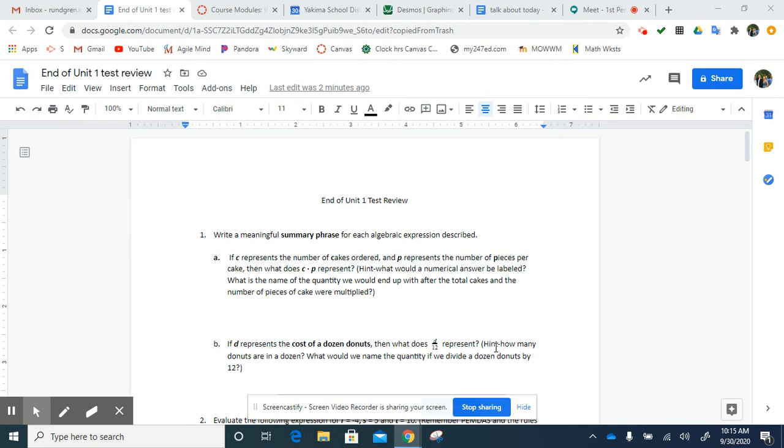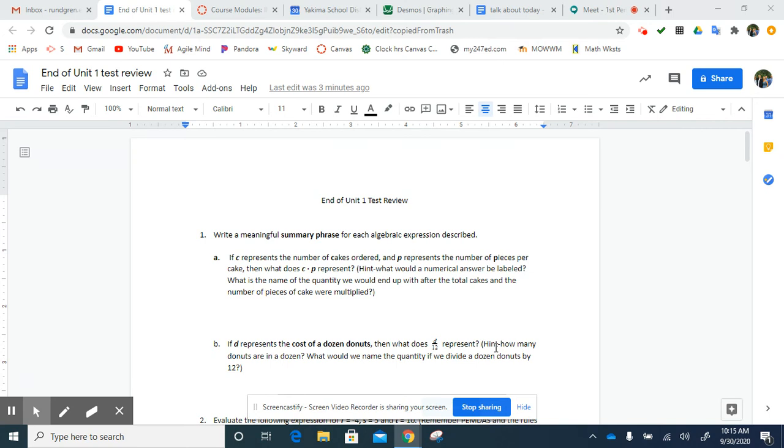If C represents the number of cakes ordered, so let's write this down for 1A. So on your paper, put 1A, and then let's write C equals cakes ordered.